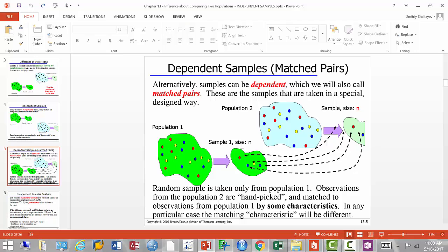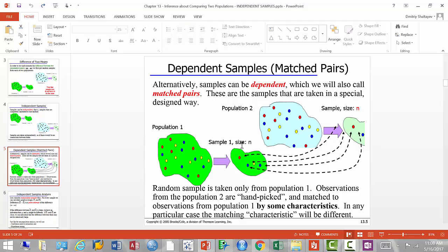Then I run the advertising, and how do I make the comparison fair? I pick not just a random sample number 2, but I pick the same exact stores, right? So therefore, there is no such thing as a difference in demographics, or in population density, or store size. It's all identical before the campaign and after the campaign. So I'm going to eliminate all these random effects that I would have if samples were independently picked.